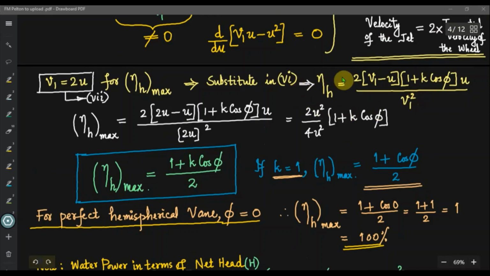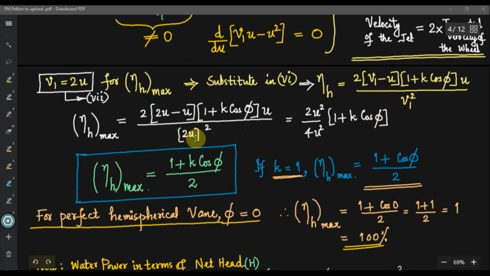See, we already have the hydraulic efficiency expression for the Pelton wheel, which is eta h is equal to 2 into V1 minus u into 1 plus k cos phi into u by V1 square. In this expression, if you substitute V1 is equal to 2u, you will get the maximum hydraulic efficiency. So that is 2 into, instead of V1, substitute 2u. So 2 into 2u minus u into 1 plus k cos phi into u divided by denominator V1 square.